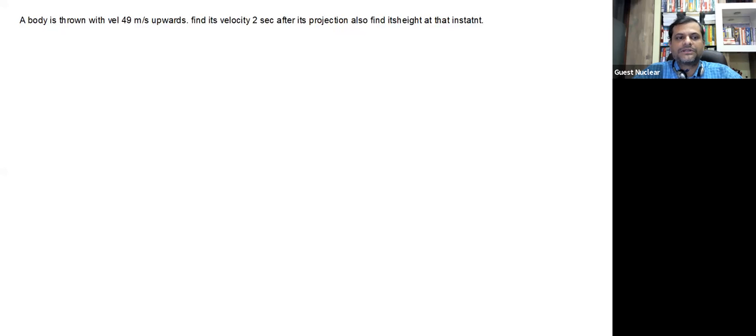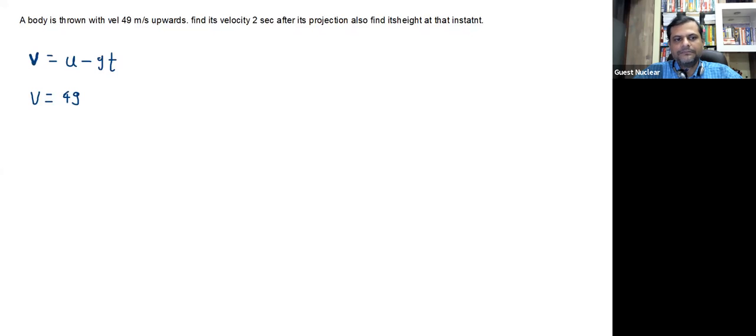First kinematic equation in general, which is we say V is actually equal to U minus GT. ओके, यही इक्वेशन हमने डिराइव किया था लास्ट टाइम, तो इसको अगर यूज करेंगे तो हमको मिलेगा V which is equal to U. U is 49, we know here 49, and that is going to be positive.